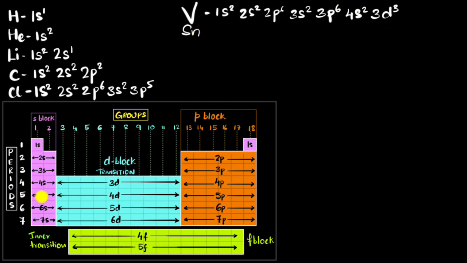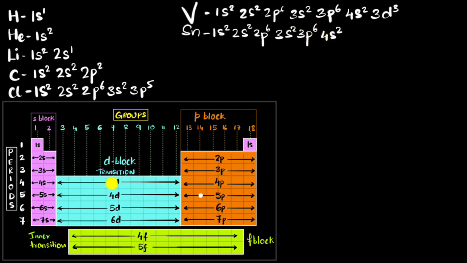Tin lies over here. Okay, and it has 50 electrons. So why don't you pause and give it a shot? All right, let's do this. From the top, 1s2. Let's do it a little quickly now. Then 2s2, 2p6, 3s2, 3p6, then 4s2.